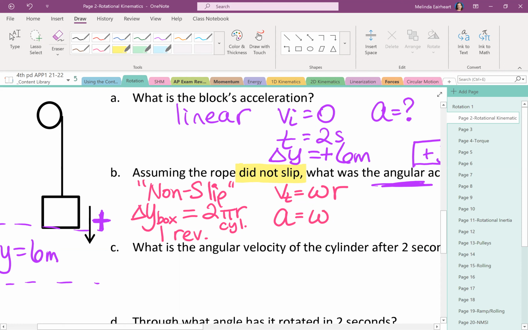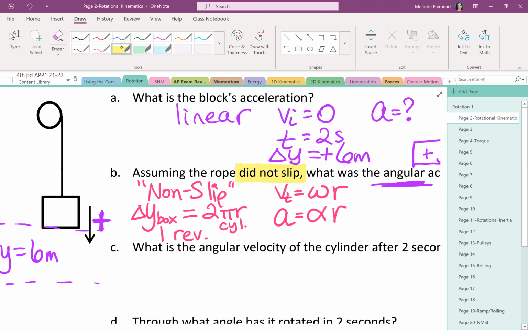It would be omega times, oh, no, not omega. What's our Greek symbol for angular acceleration? Alpha, times radius. And the units for both work out. Radians per second squared times meter gives you meters per second squared.